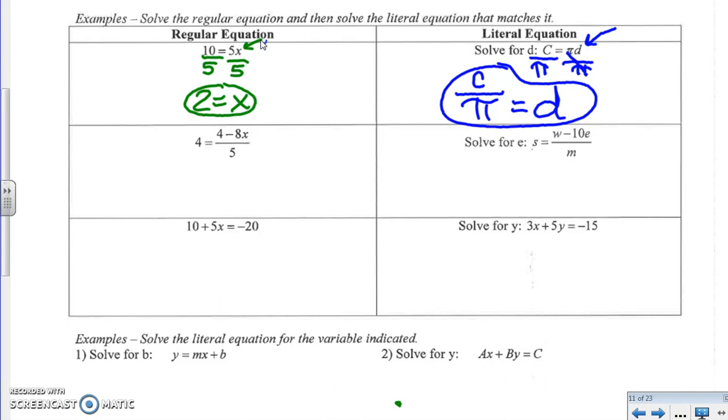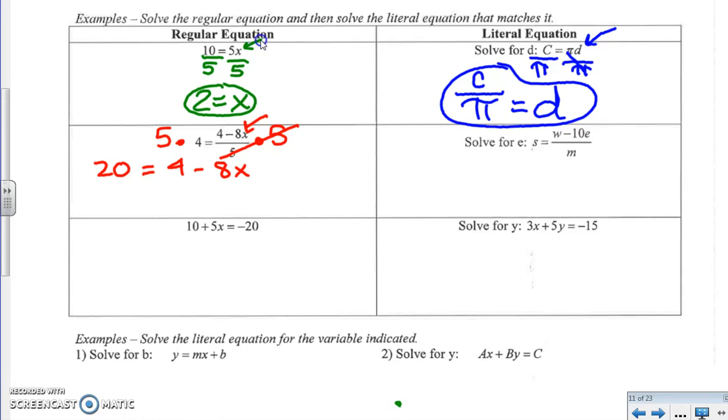For example 2, our goal is to get the x isolated. So let's start by multiplying 5 from the division. Since 8x is grouped up with the 4 in the top, we want to get rid of that single 5 first. And that means we need to multiply the other side by 5, using our property of equality. So 5 times 4 is 20, and then we have 4 minus 8x left on the other side.